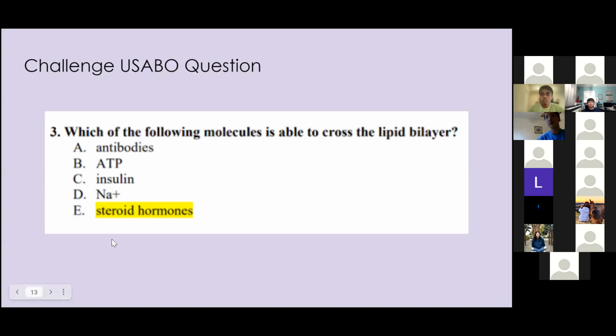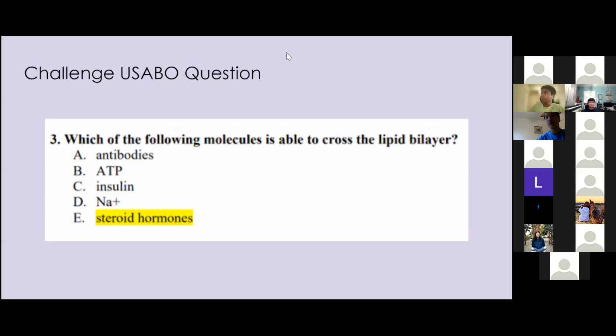So the answer is steroid hormones. And I'll explain this answer really quickly. So the question is, which of the following molecules is able to cross the lipid bilayer? So as I mentioned earlier, the lipid bilayer of the cell membranes are made of phospholipids, the second type of lipid we talked about, and basically all the molecules that can pass freely through the lipid bilayer are molecules that are lipophilic, meaning lipid soluble, or hydrophobic, which is the opposite, which is afraid of water.